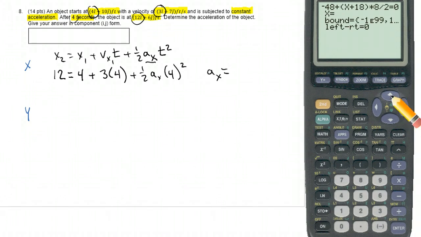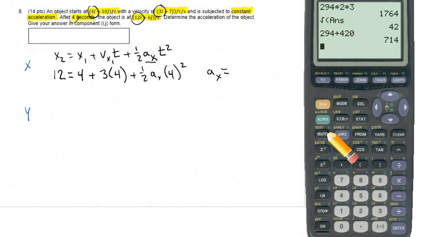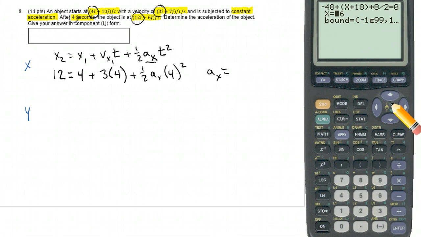Alright, so I'm still in the solver. I'll quit out of it, get back into it, math 0, go up arrow, clear.